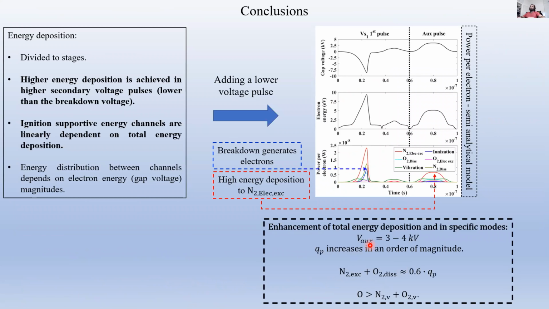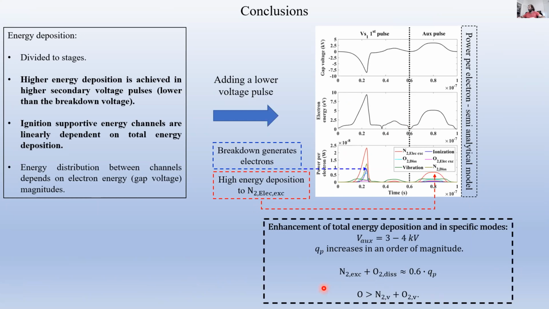This is basically a statement in the conclusion of what we've seen so far. The last thing I said comes from the energy distribution between channels, which depends on electron energy, and that in turn depends on gap voltage. So we also thought about a different scenario of having a relatively low auxiliary voltage pulse, when we already have those electrons, but the magnitudes are set such that the nitrogen electronic excitation channel will be more active, and we got much better results, which we can't really discuss right now.